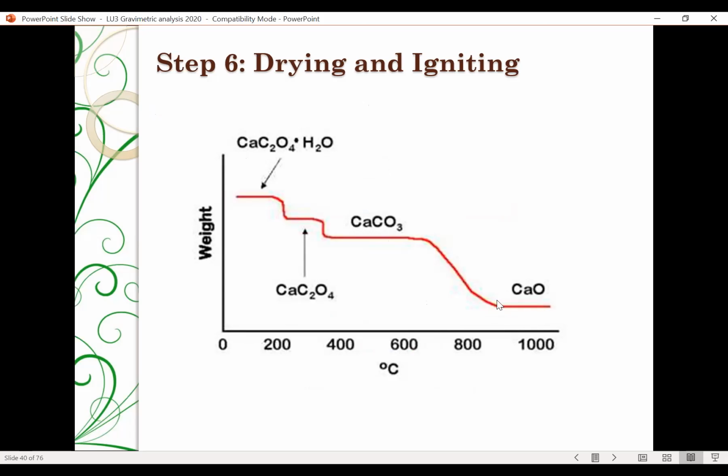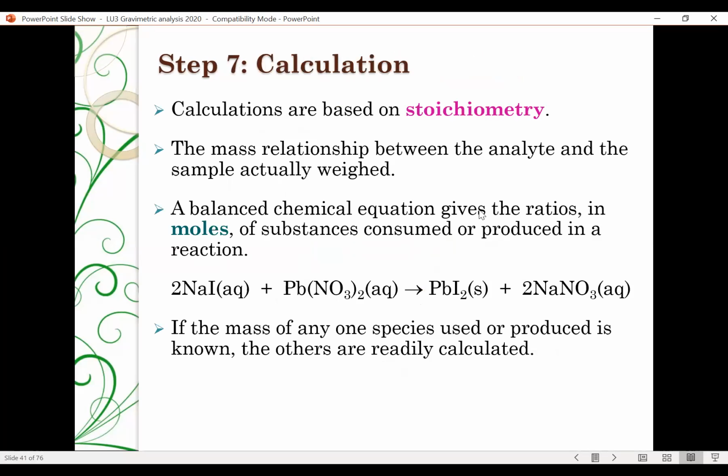Sometimes we need this compound for calculation, sometimes we need that compound, and sometimes we need the other compound. So at different temperatures, you yield different compounds, and the information that you have for calculation could be different. Now this is the last step, which is the calculation step.